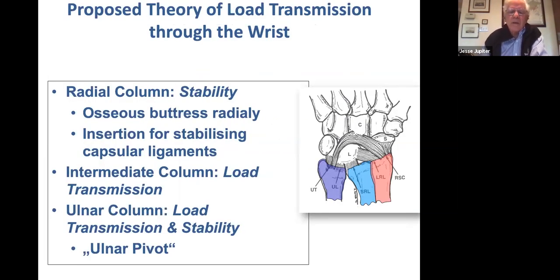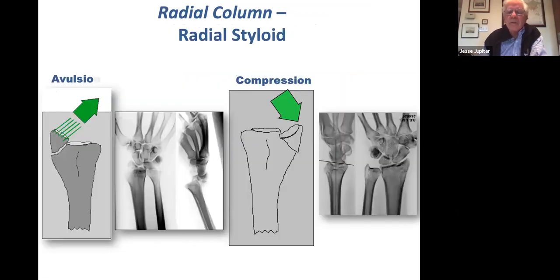The radial column is a little bit more important for the insertion of the ligaments. We know that sometimes we'll see an avulsion of the radial component associated with ulnar translation or scapholunate ligament injury.